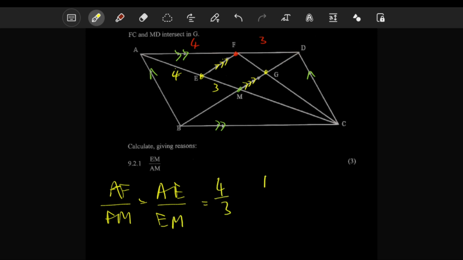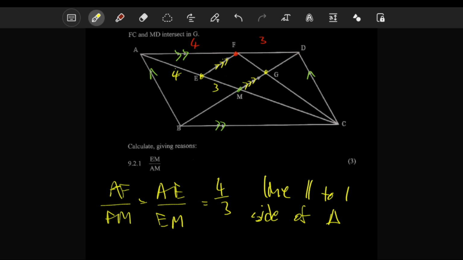The reason is line parallel to one side of triangle.